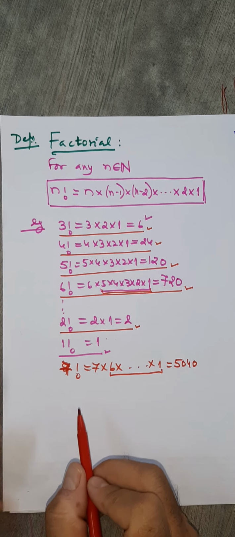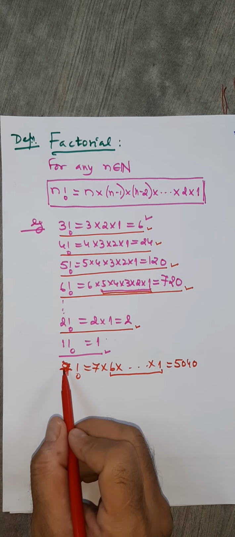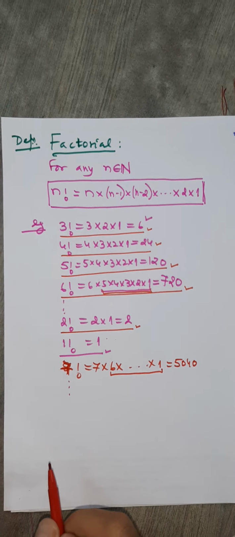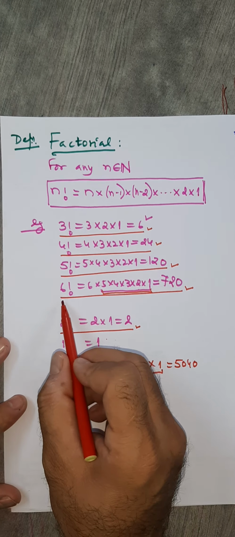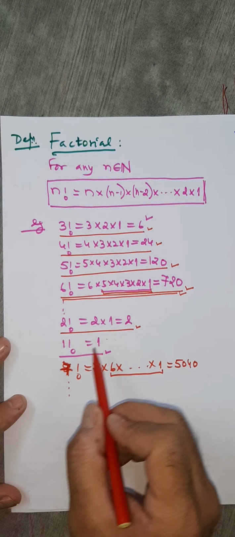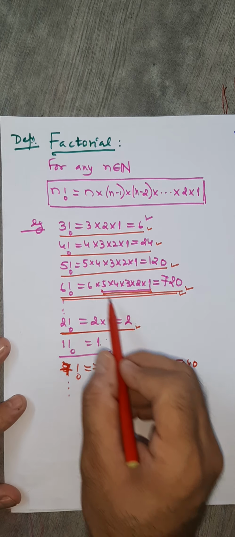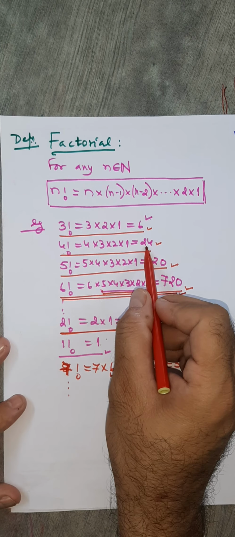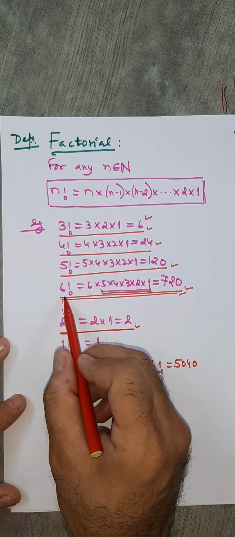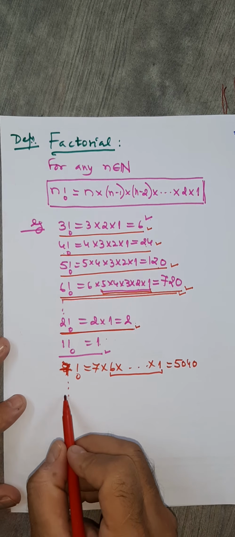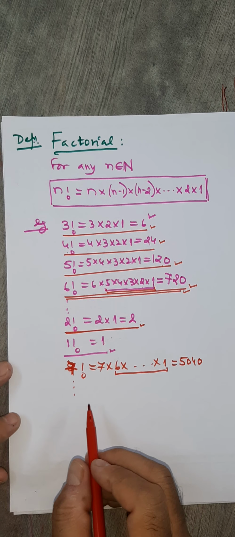You can do it further. But at least till 6 factorial it should be there in your mind: 1 factorial 1, 2 factorial 2, 3 factorial 6, 4 factorial 24, 5 factorial 120, 6 factorial 720 and so on.